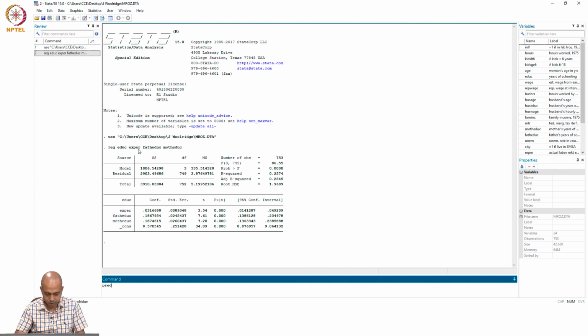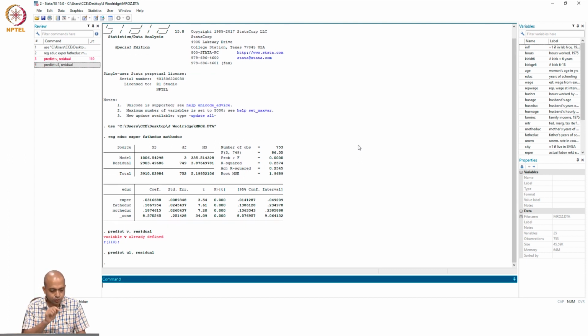Then we predict the residual, let us say V. Then we take predict with a different name, U1, residual.